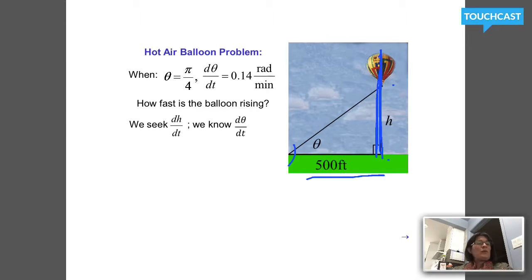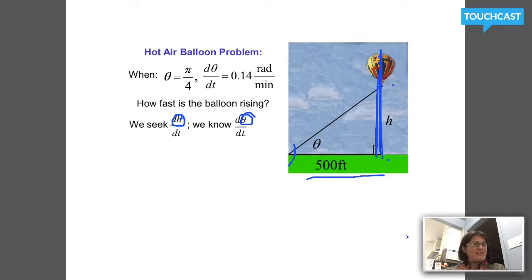So we're going to need to write an equation that relates not the two derivatives we know, but the variables implied by those derivatives. Is there any equation that we could write that includes only the information that we can see in this picture and the variable h and the variable theta? I think there is.